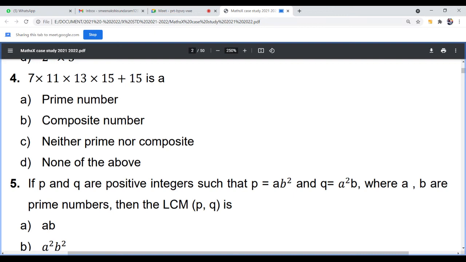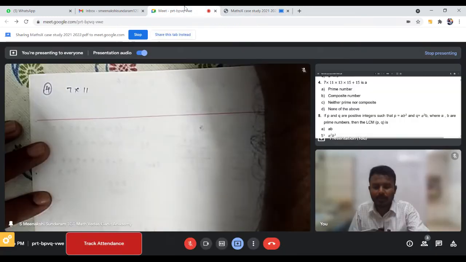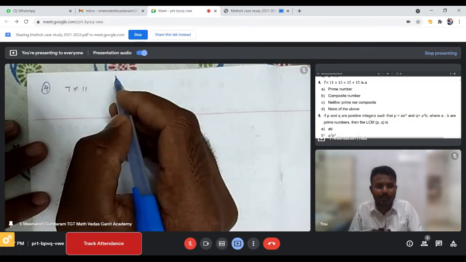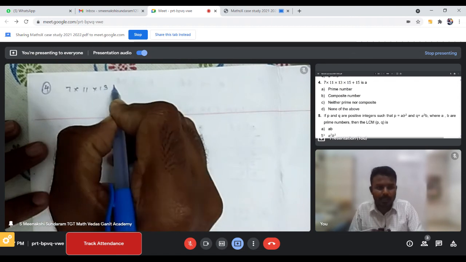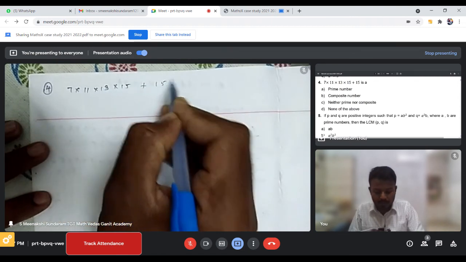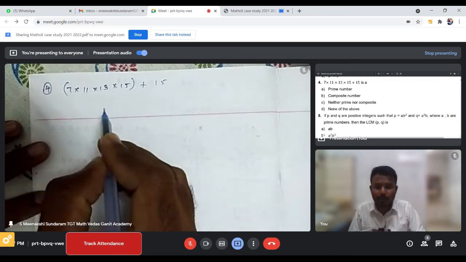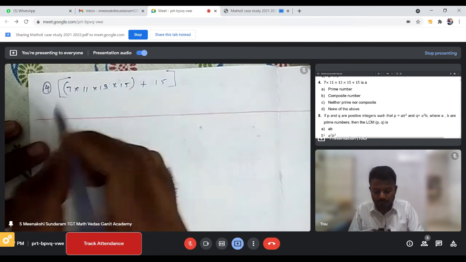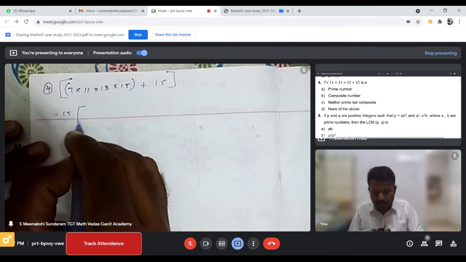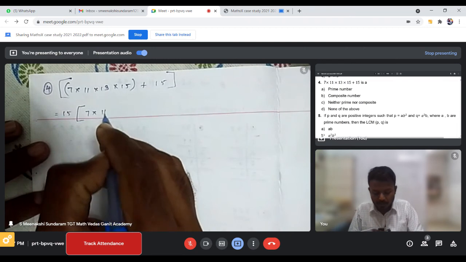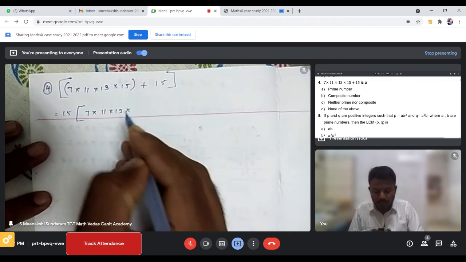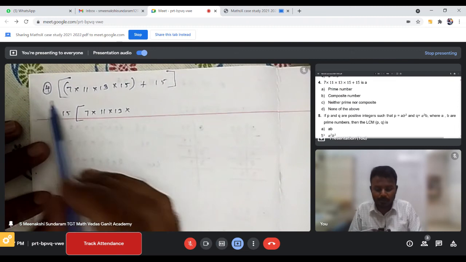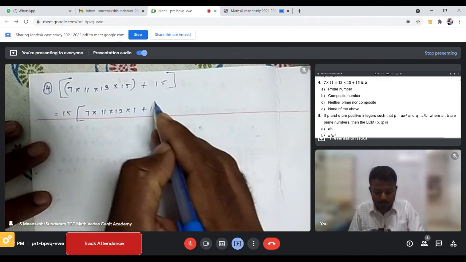So whenever they give this kind of statement, you need to check the first expression, 7 into 11 into 13 into 15 plus 15. These four terms are under multiplication, so from this we should take 15 as common. Remaining is 7 into 11 into 13 into 1, plus 1.